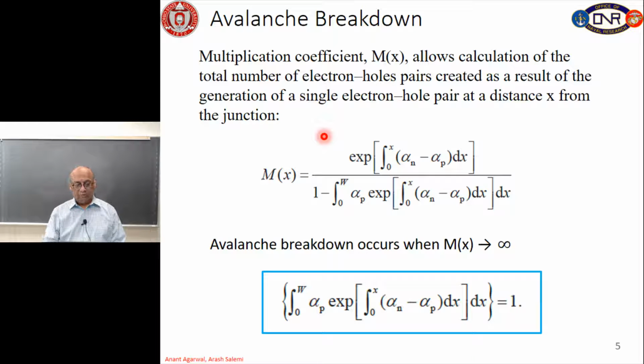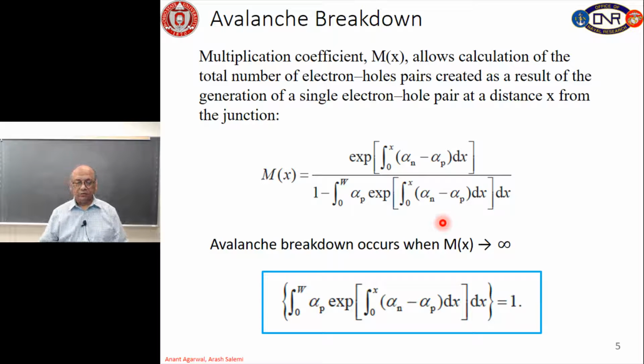And that is given by this expression where alpha n and alpha p are functions of electric field in the junction, and remember the electric field inside the junction is also a function of x. So, alpha n and alpha p become functions of x.